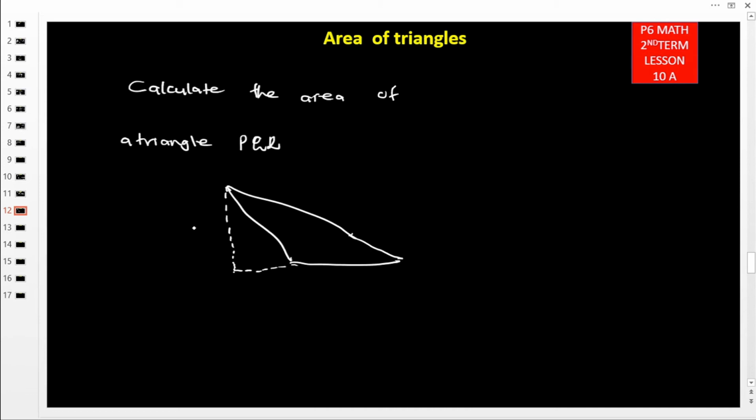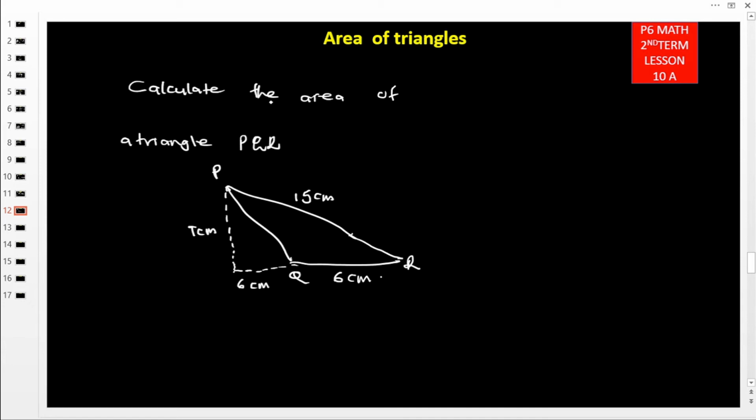Here it is 9 centimeters, then here we have 15 centimeters, then this is P, this is Q, and this is R. Here we have 60 centimeters, and also here we have 60 centimeters. Now this one is a little bit tricky, but it's very simple.